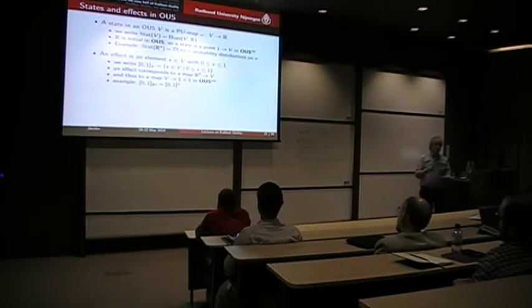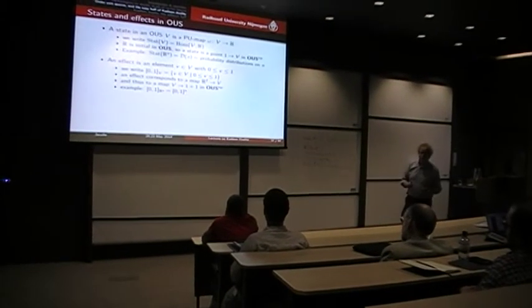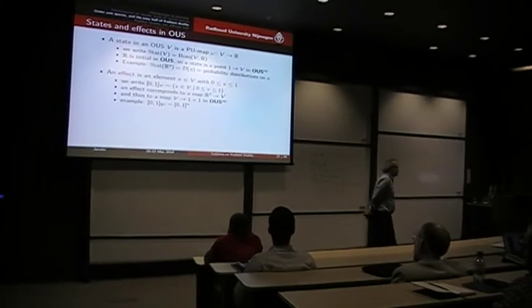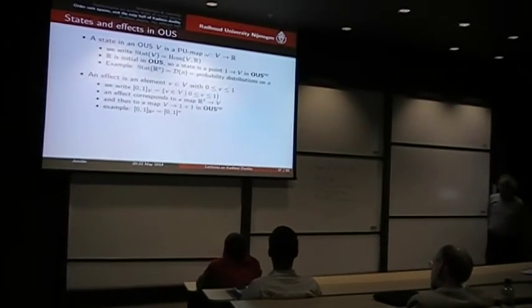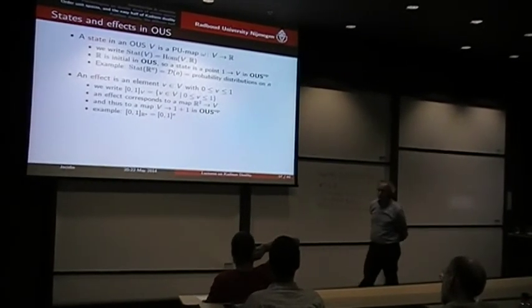And if you do this in the opposite category, R is 1, and R^2 is the product of 1, which in the opposite category becomes the sum. So these effects can be described as general predicates going to 1 plus 1.